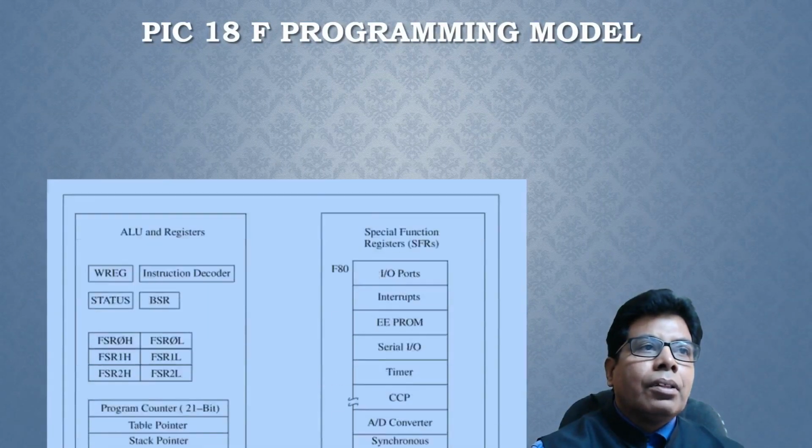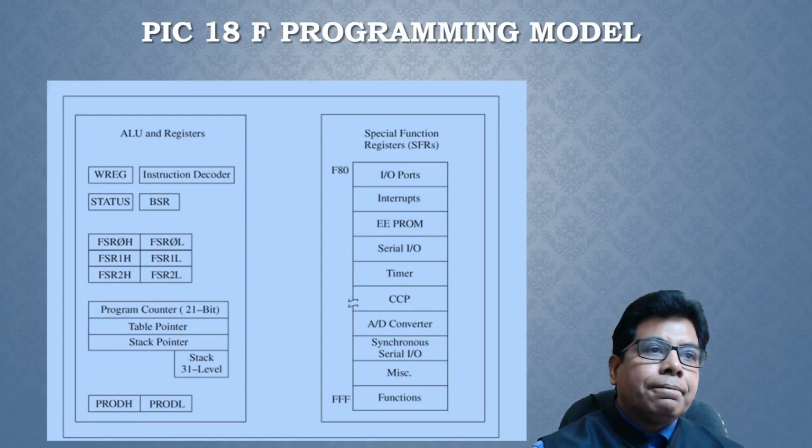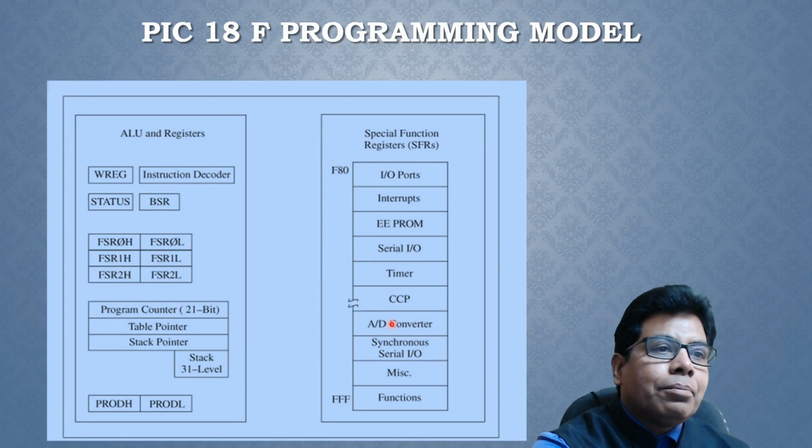First, you can see the diagram here. These are the ALU and associated registers, WREG, the working register. With that, we have the instruction decoder, status register, then this BSR, which is nothing but the bank select register, and then these are the FSR, file select registers.